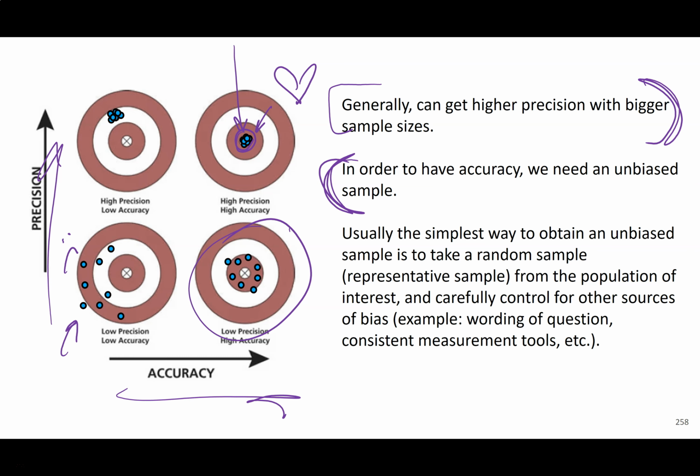So you want to make sure the wording on a survey is as neutral as possible, that the answer options are reasonable. In general, you want to obtain an unbiased sample by taking a random sample, and there are different kinds of random samples, and then control for things like the wording of your question, consistent measurement tools, etc.